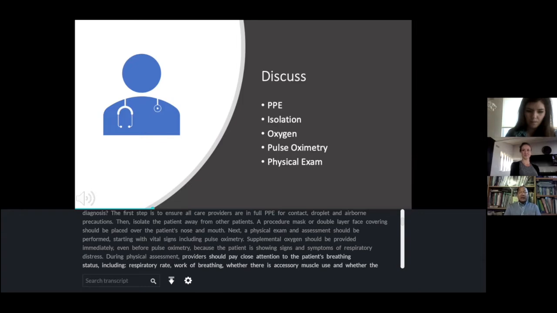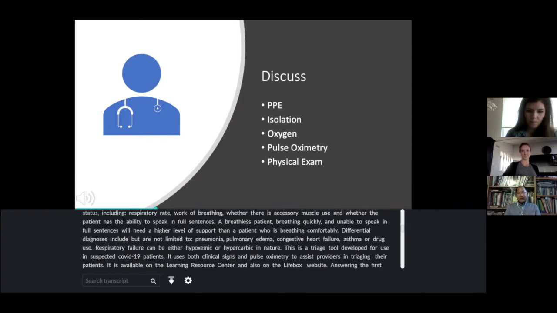During physical assessment, providers should pay close attention to the patient's breathing status, including respiratory rate, work of breathing, whether there is accessory muscle use, and whether the patient has the ability to speak in full sentences. A breathless patient, breathing quickly and unable to speak in full sentences, will need a higher level of support than a patient who is breathing comfortably.